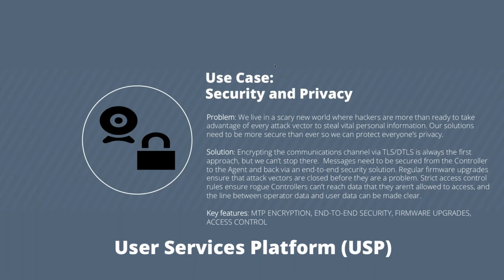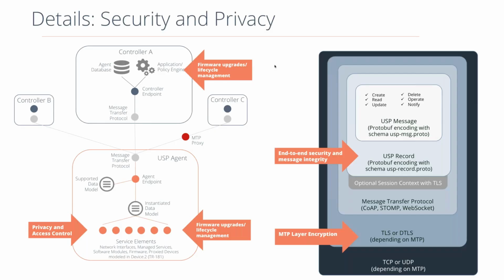So USP does provide you the way to put those access controls in place such that one service provider can read data and the other can't. So the USP key features here are the MTP encryption, the end-to-end security, and the firmware upgrades and access control.